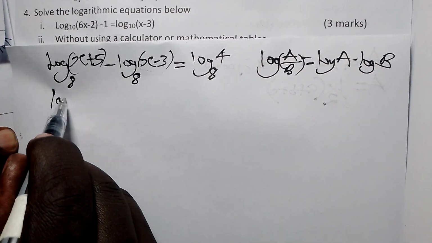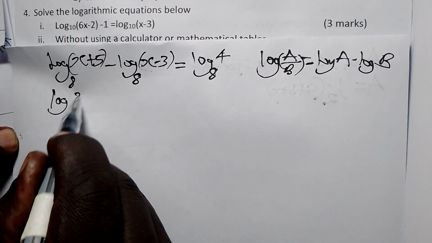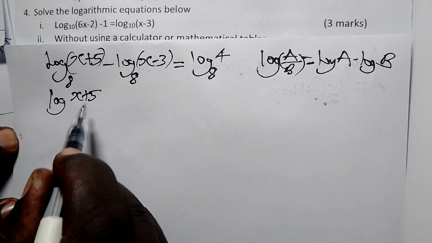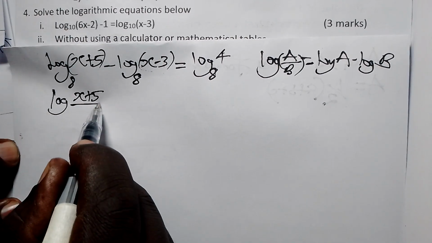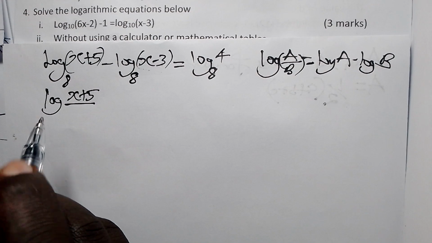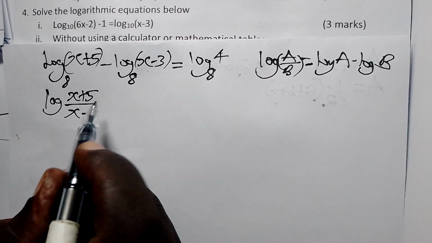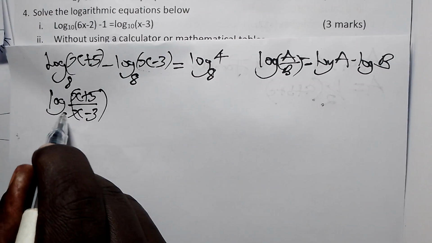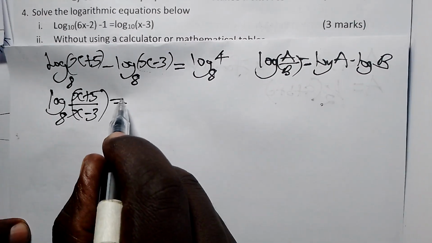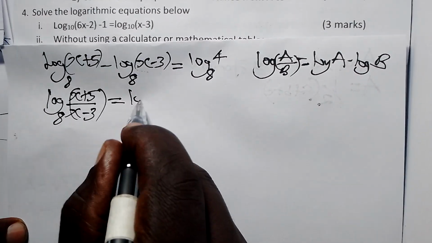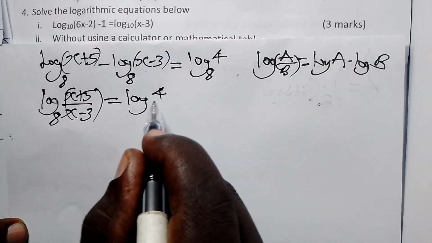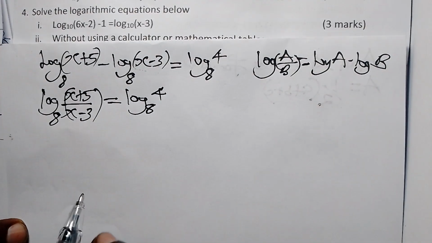So we're going to get the log of (x plus 5) divided by (x minus 3) base 8 to be equal to the log of 4 base 8.